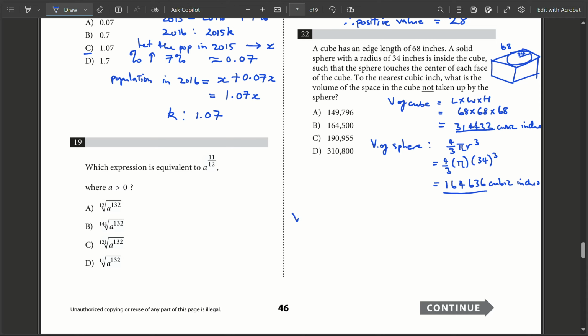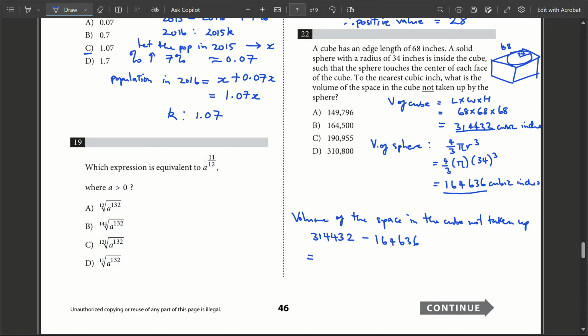So what we want to find now is the volume of the space in the cube not taken up by the sphere. Okay, so the volume of the space in the cube not taken up would be equal to the volume of the cube, that's 314,432, minus the volume of the sphere, 164,636.